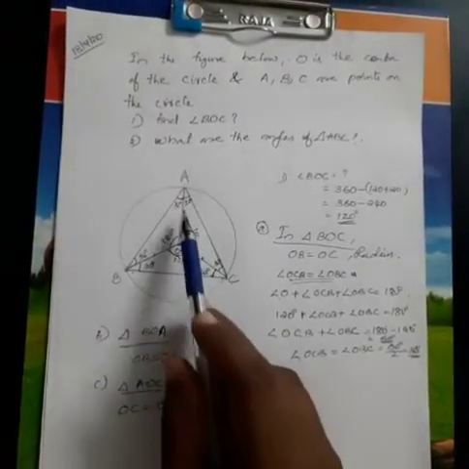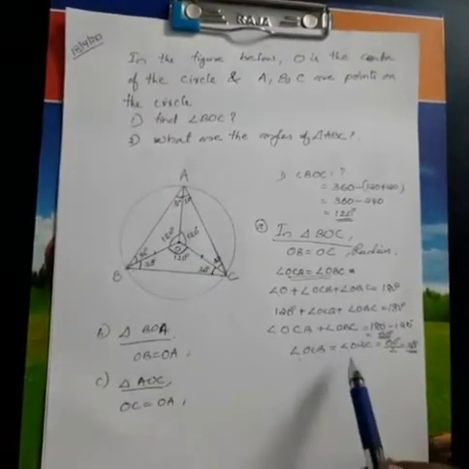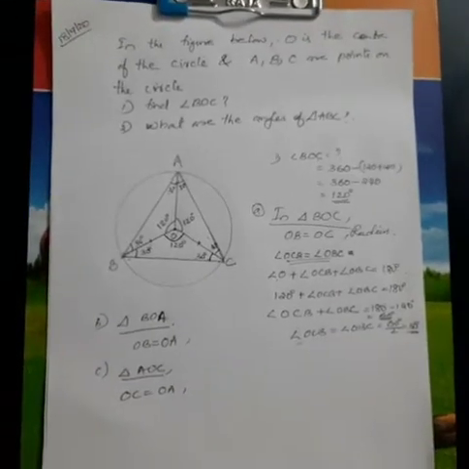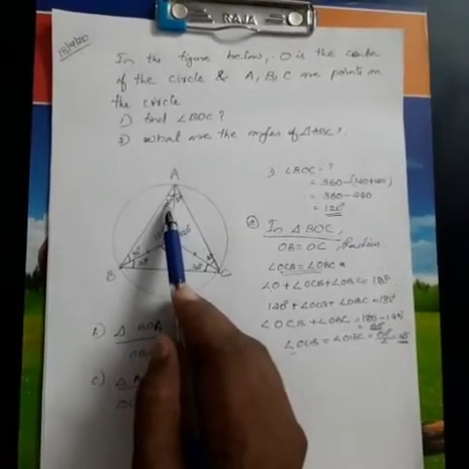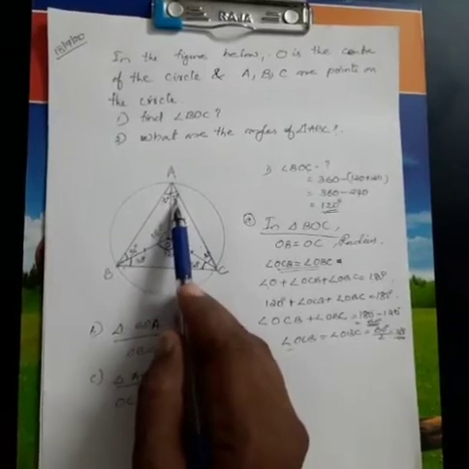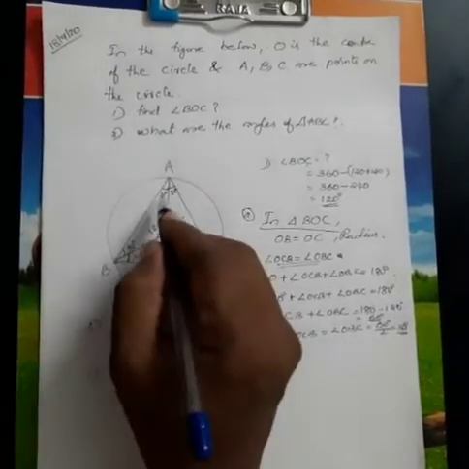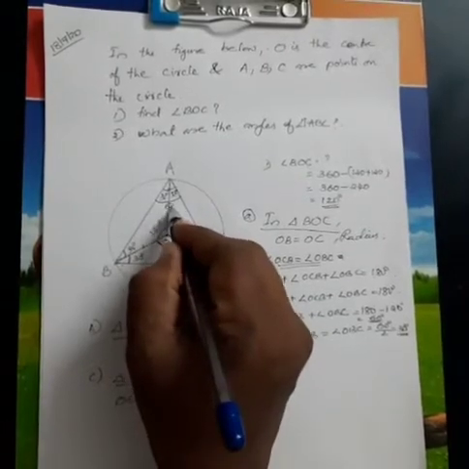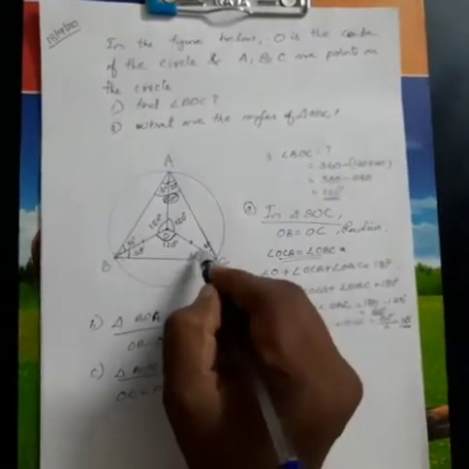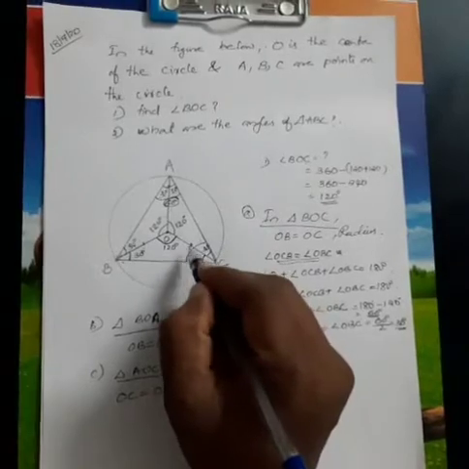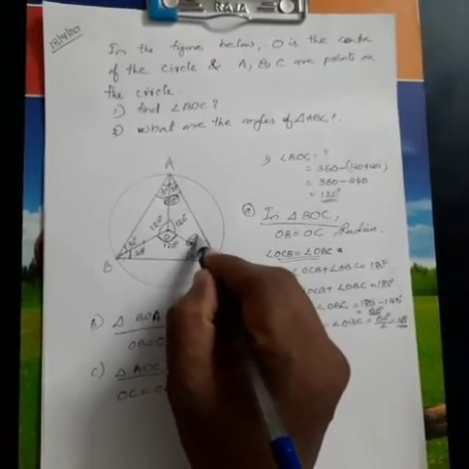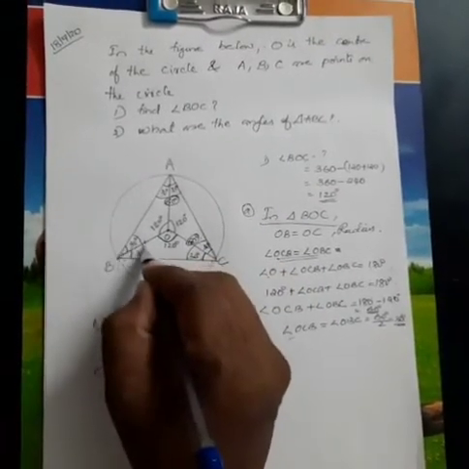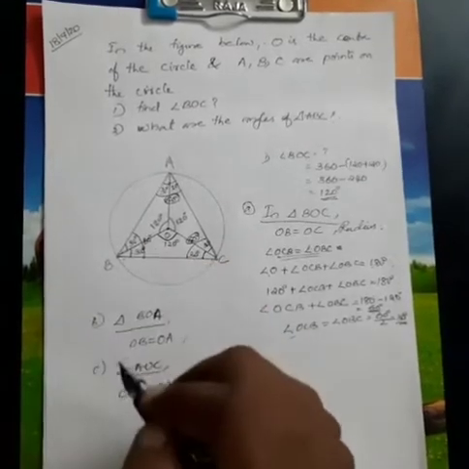So these angles you got similarly like this. Then what about angle A? These two angles together you have to add. So how much? It is 30 plus 30, 60 degrees. What about angle C? This also 60. What about angle B? This also 60.